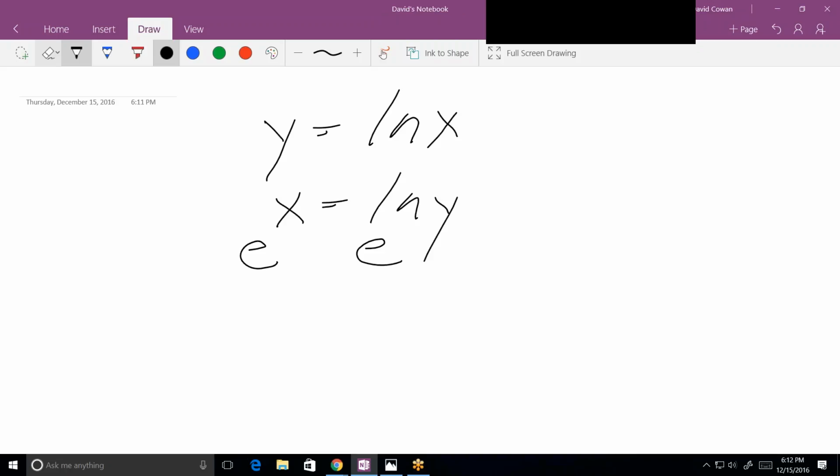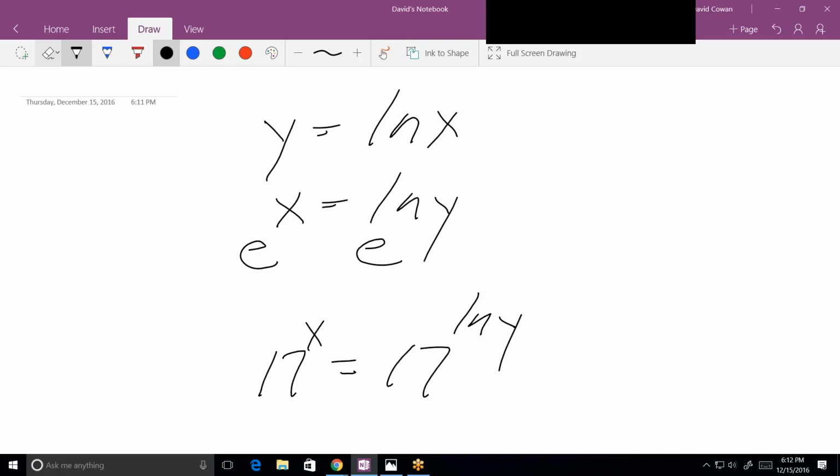In other words, this is kind of a tricky thing. You're not taught this very often: if I have an equation, I can exponentiate it so that these are the exponents of any base I want. I could say 17 to the x equals 17 to the natural log of y, if I wanted to.